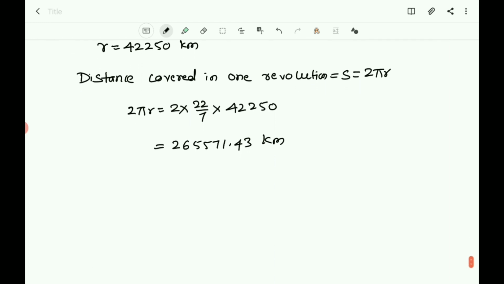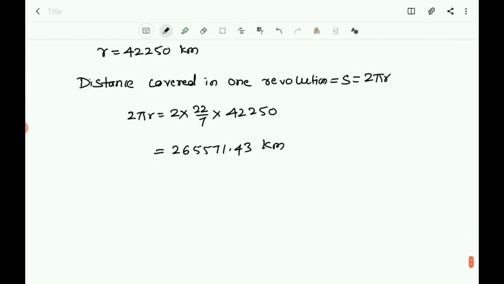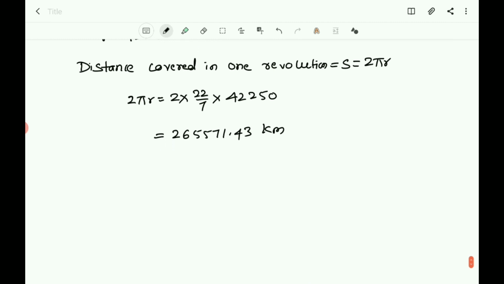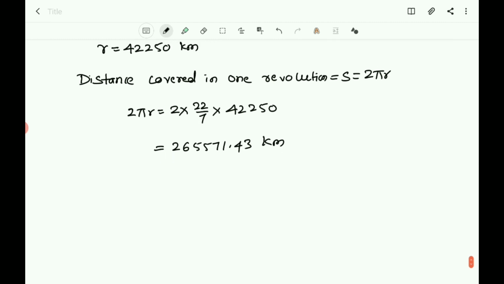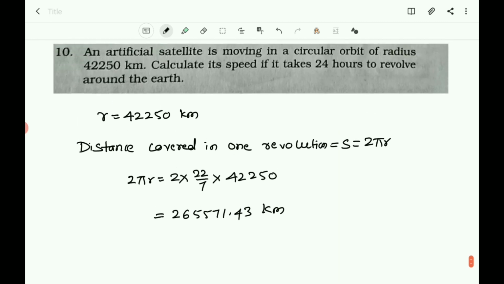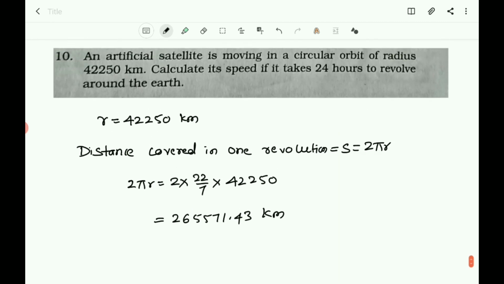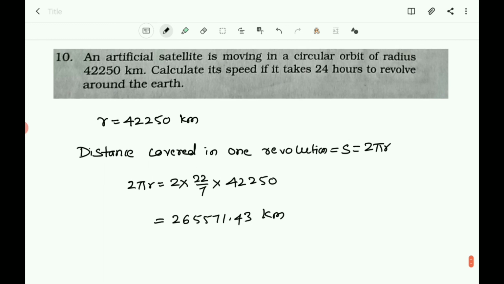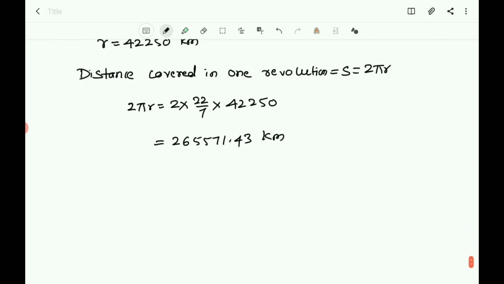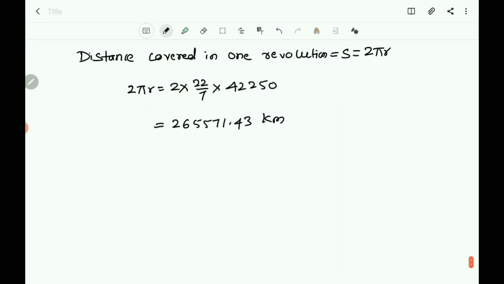Next, here what we have to do is find the speed of the satellite. Now here the time taken to complete one round is given. So what is the time taken here, that is t equals 24 hours.